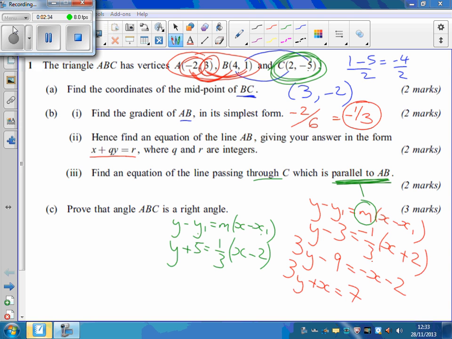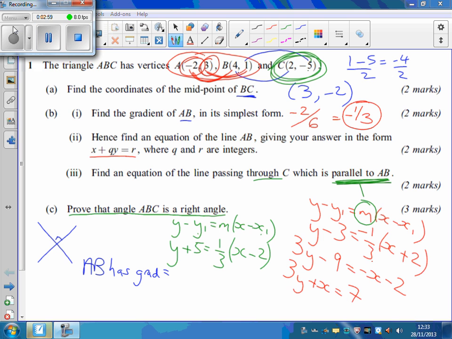The last part says prove that angle ABC is a right angle. Loads of different ways of doing this. Perhaps the easiest way though is to think about if you have two lines meeting at 90 degrees, then of course they're perpendicular. And so we've already worked out that AB has a gradient of, we've just said it was 1/3, didn't we?